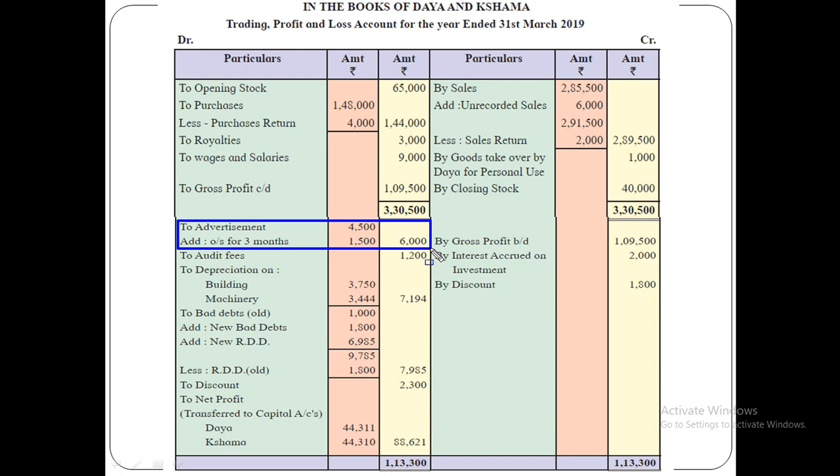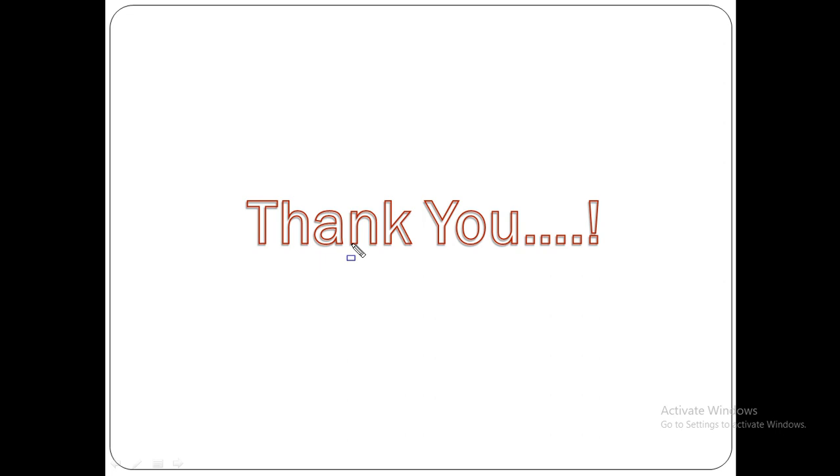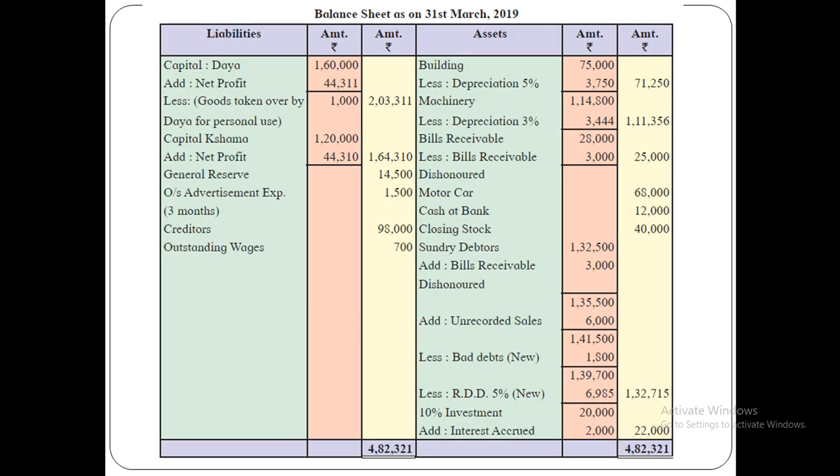It means 3 months has 1,500. So total is 6,000. This 6,000 means 1,500 is outstanding, and outstanding is our liability. So we have to show this to the liability side, that is 1,500 for 3 months unpaid.